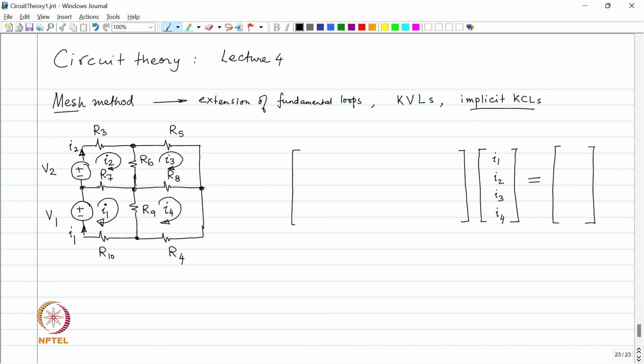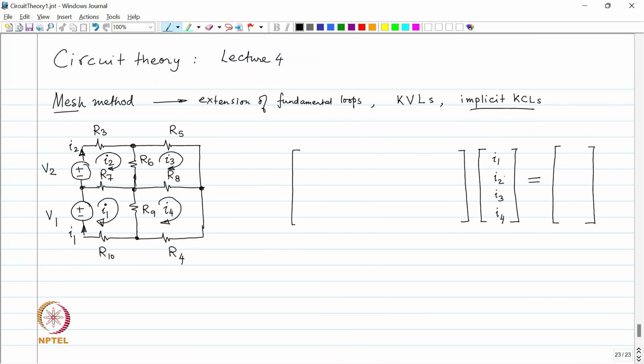How many rows, how many columns in the matrix? How many rows are there? 4, because there are 4 KVLs. How many columns? Why 6?